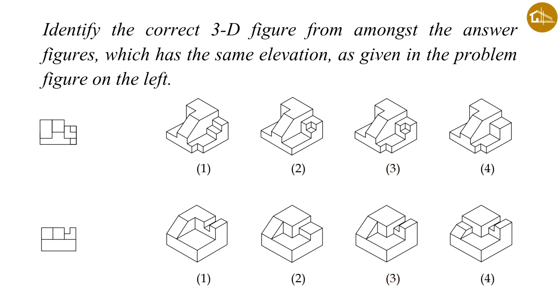The second type: identify the correct 3D figure from amongst the answer figures which has the same elevation as given in the problem figure on the left. We can solve this question by taking a condition. As you can see, on all options this portion is common, so we cannot take this as a condition.